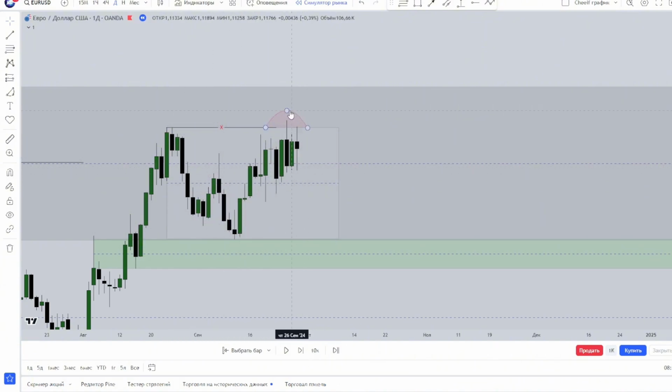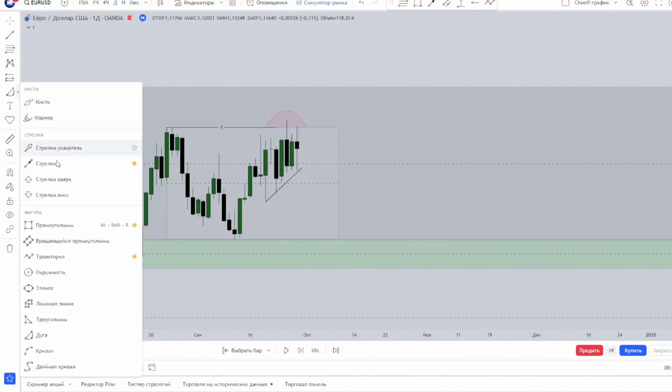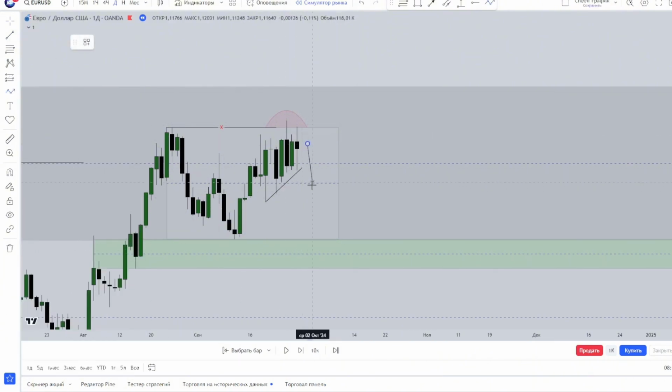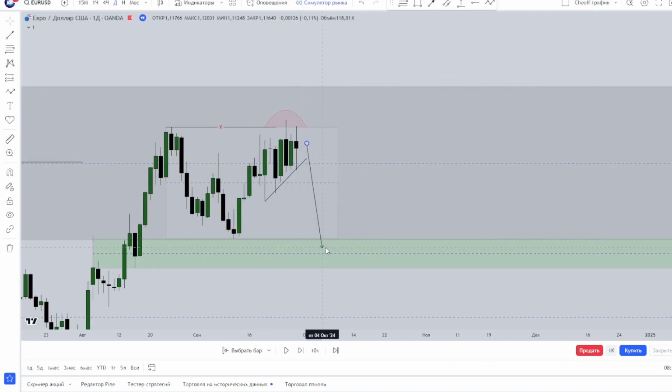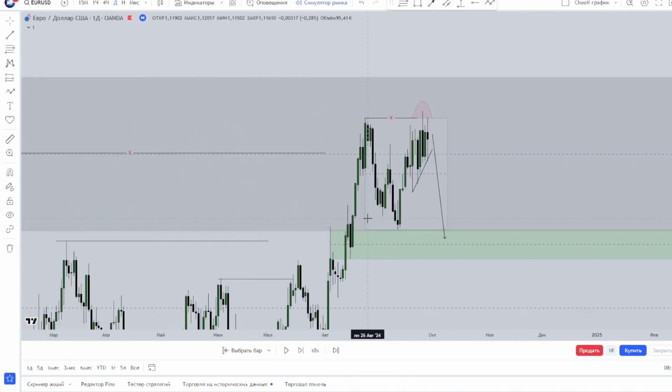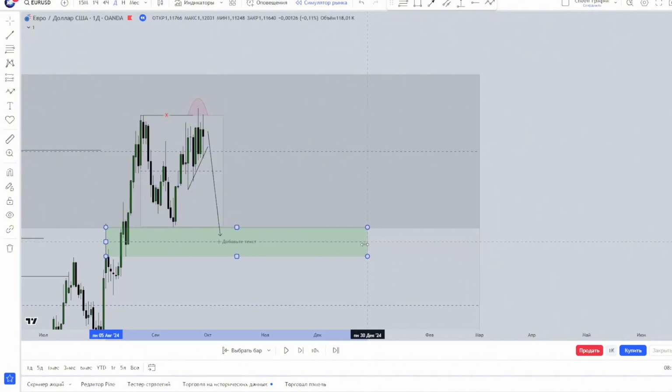That is, before the sweep, the price accumulates liquidity from below, and after the sweep of this range, it would be obvious to expect the achievement of the lower boundary of the range. Initially, of course, our goal will be this low resistance, and our ultimate goal will be to reach the lower boundary and test the monthly imbalance, which we noted earlier.